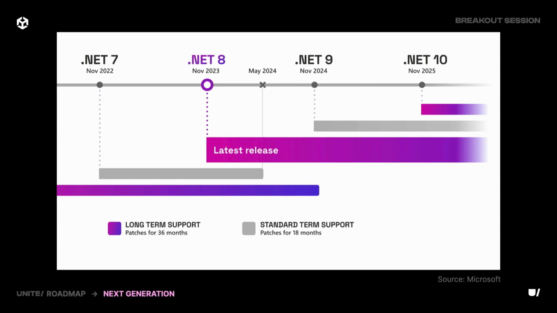First, with the move to CoreCLR, we're replacing the former Mono .NET solution with CoreCLR. CoreCLR is, of course, Microsoft's latest and greatest VM for C#, meaning that you can always be at the cutting edge of performance. And with this CoreCLR work, it means that we can always adopt the latest versions of .NET as Microsoft releases them, as is indicated here.